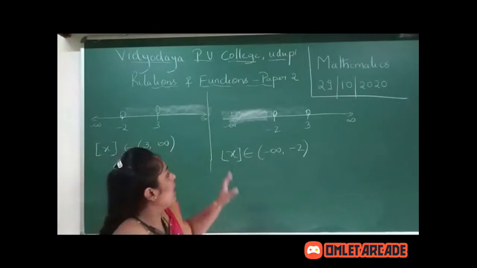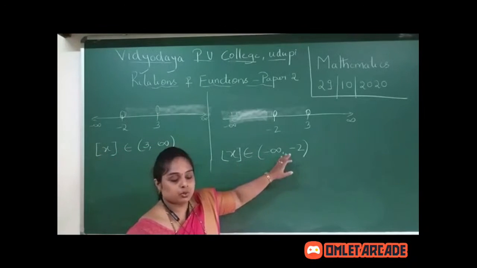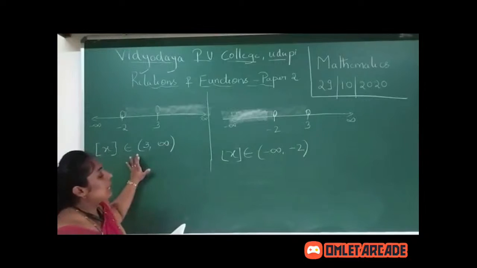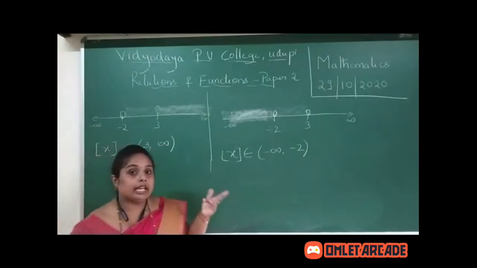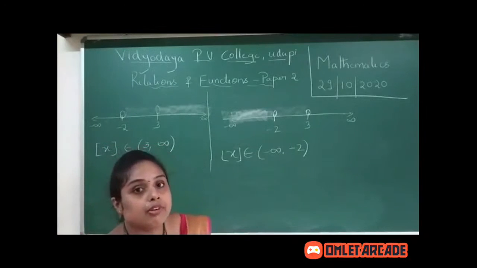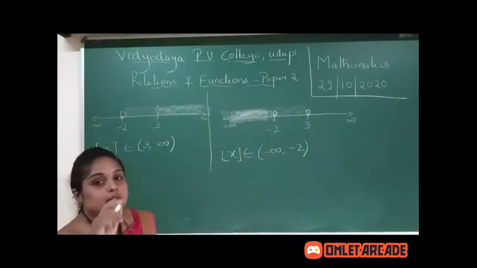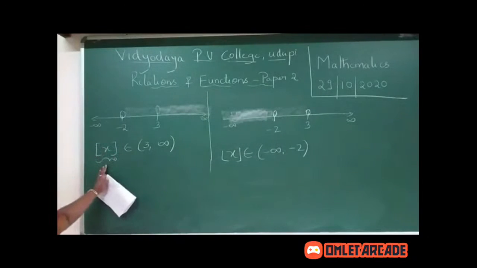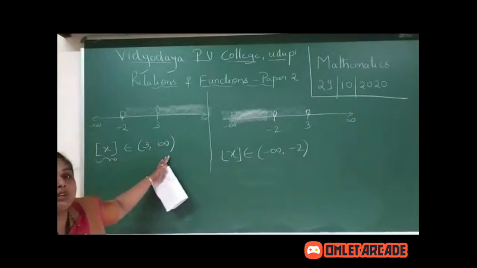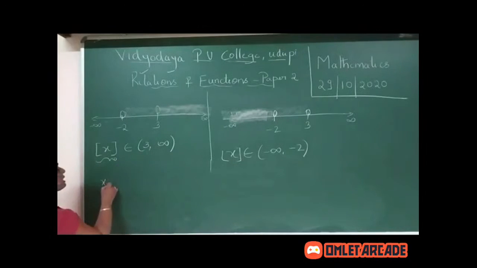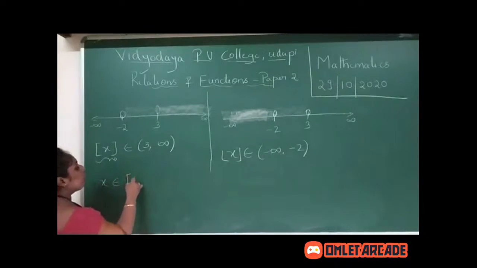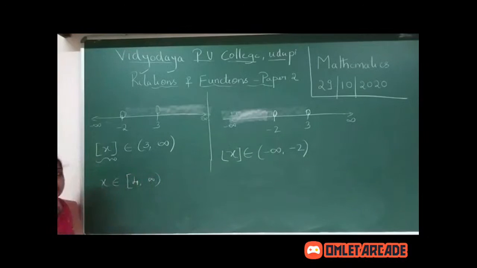See the second option. Minus infinity to minus 2 union, it's given 4 to infinity. Can I write closed interval 4 to infinity? Yes, I can write. The reason is here I have greatest integer. Greatest integer x belongs to open interval 3 to infinity means only x will belong to closed interval 4 to infinity. I can write that because here I have greatest integer.